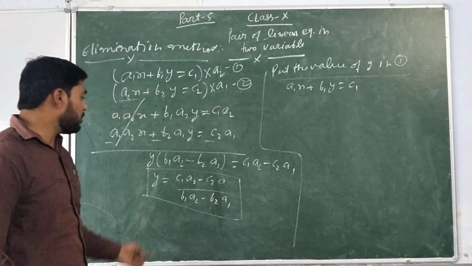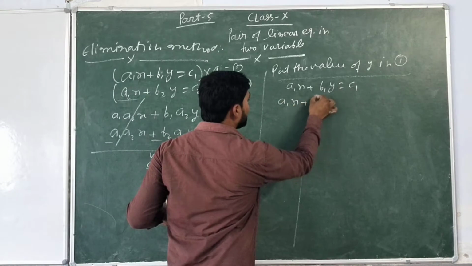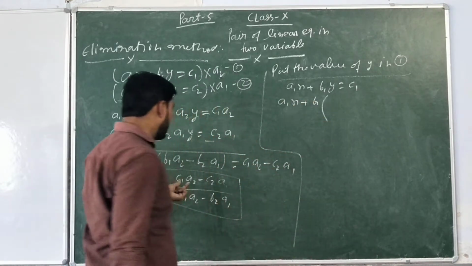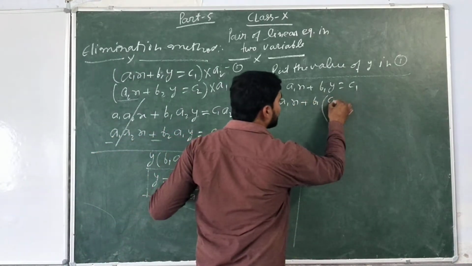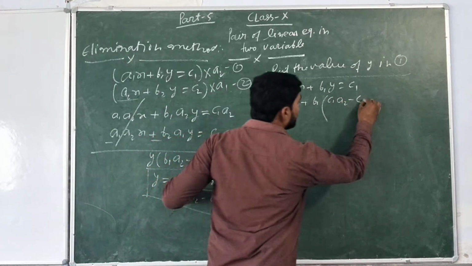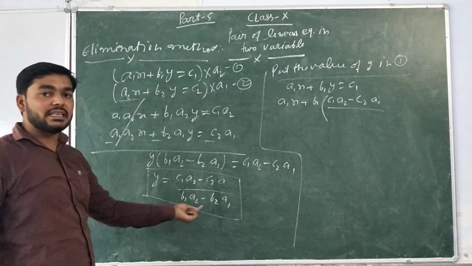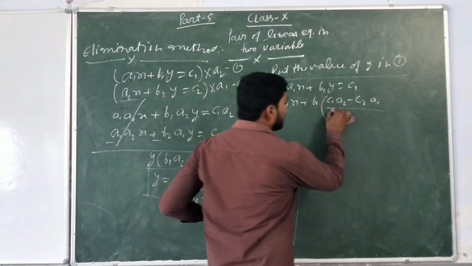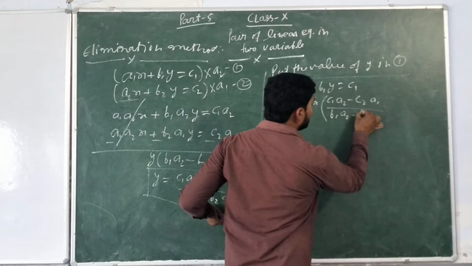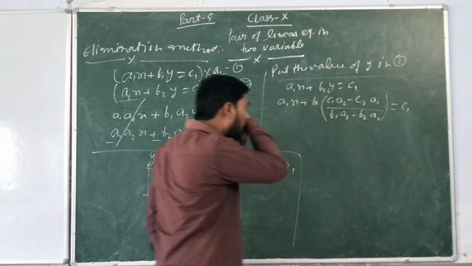Now we are going to put this value: a1x plus b1 times (c1 a2 minus c2 a1) whole upon (b1 a2 minus b2 a1) equal to c1.